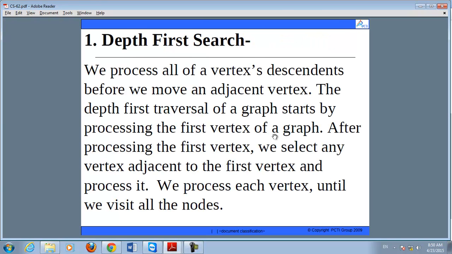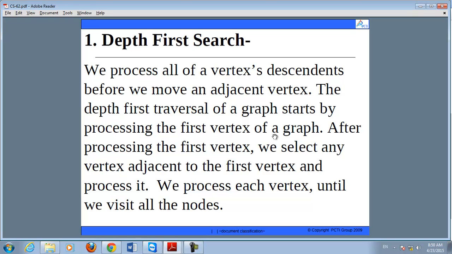Now what is DFS and what is BFS? In DFS, all of a vertex's descendants are processed before moving to the adjacent vertex. Means in DFS traversal of a graph, it starts by processing the first vertex of the graph, and after processing the first vertex, we select the vertex adjacent to the first vertex and process it till the end.